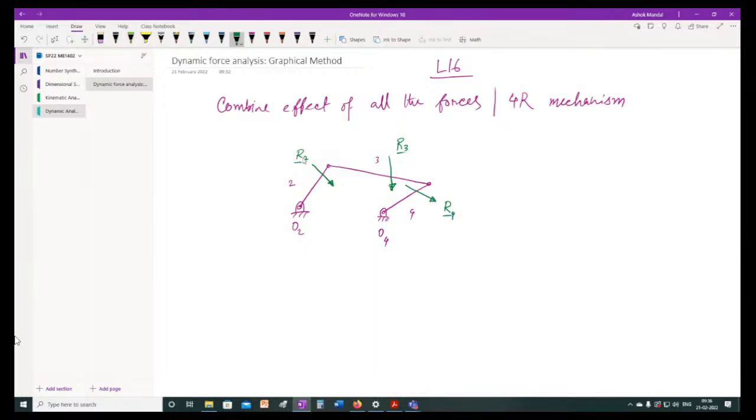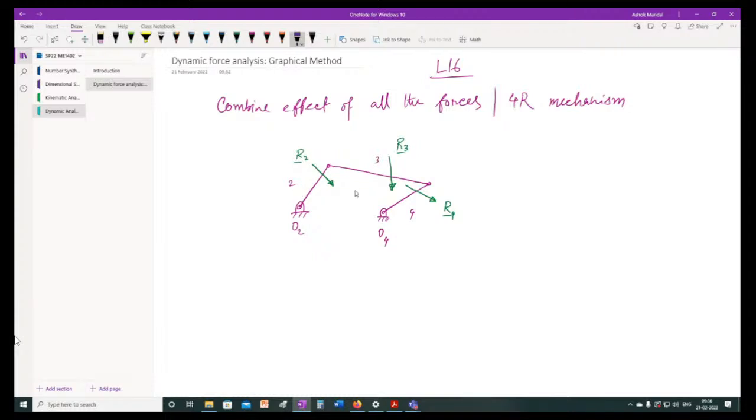Remember that R2, R3, R4 represent the externally applied forces, moments, and the inertia forces and moments. Everything we are representing here as R2 for this link, R3 for this link, R4 for this link.